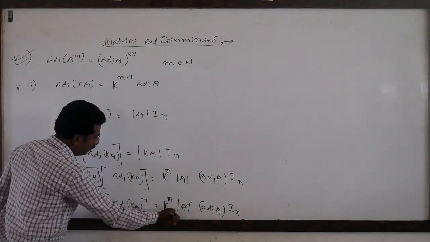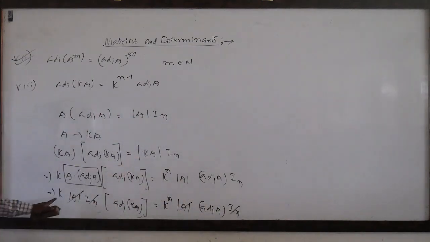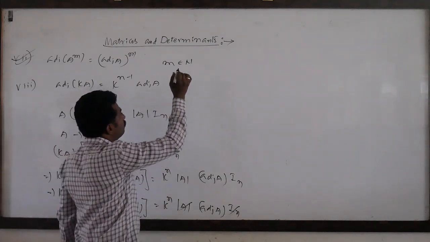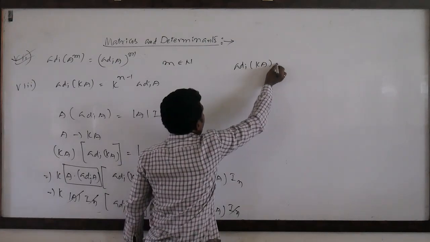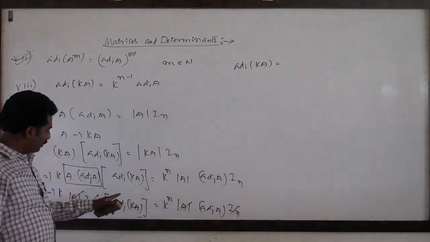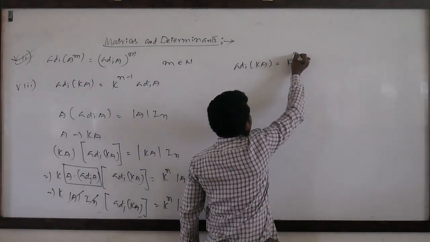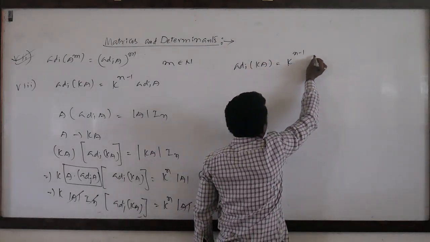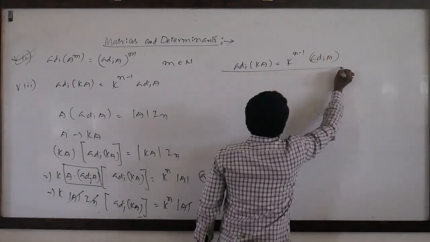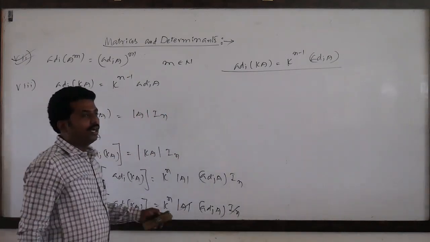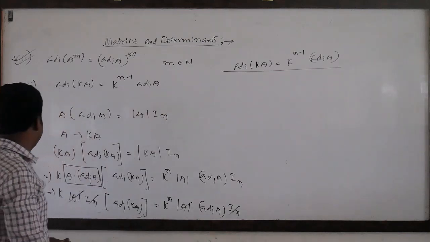Determinant of A cancels, identity matrix on the same side cancels. So K if you send that side, finally what is left on the left side? Adjoint of K A equals K power n. If you send K this side, that is K to the power n minus 1 into adjoint of A will come. So this is the most important result you should remember: adjoint of K A equals K power n minus 1 into adjoint of A.